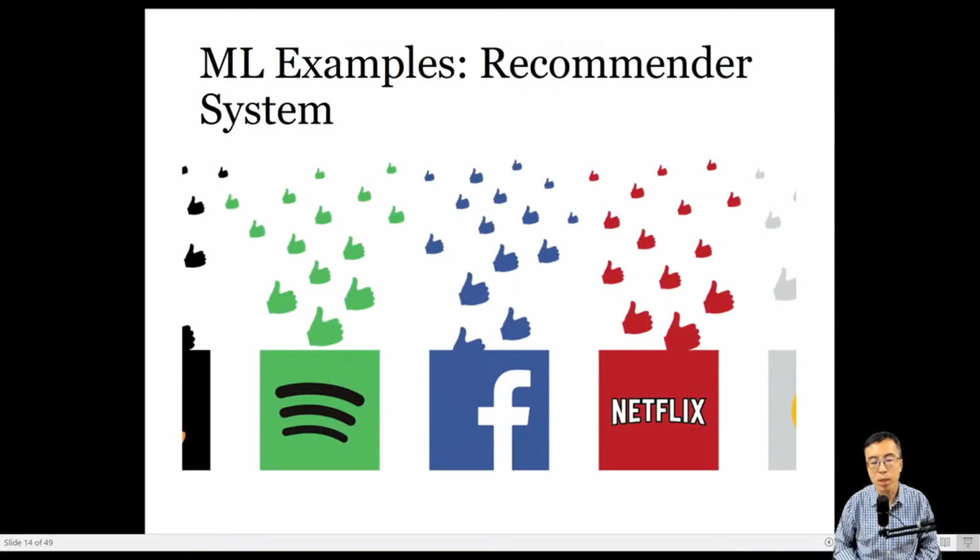And of course, we need to mention social media, for example, Twitter and Facebook, and movie recommendation systems, for example, Netflix. The underlying recommender systems are powered by machine learning models to make recommendations of your peers and friends and movies and other products.